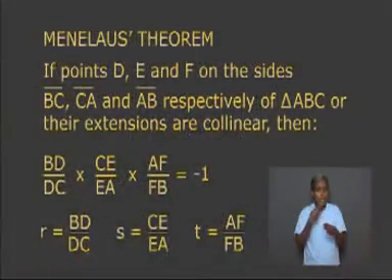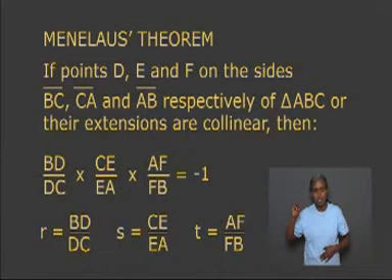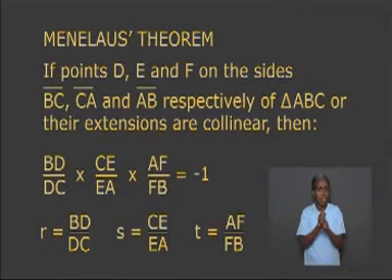The last theorem is the most complex. It is named for a Greek mathematician named Menelaus, who lived almost 2,000 years ago. It is better expressed in writing than in words.